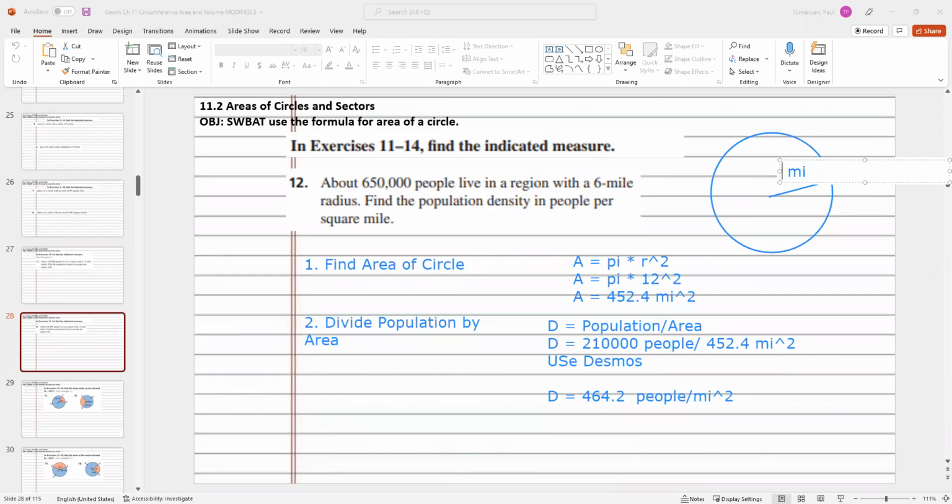Except instead of 12, it's 6. Let's erase this part. So instead of 12, we get 6 squared, and plug it into Desmos.